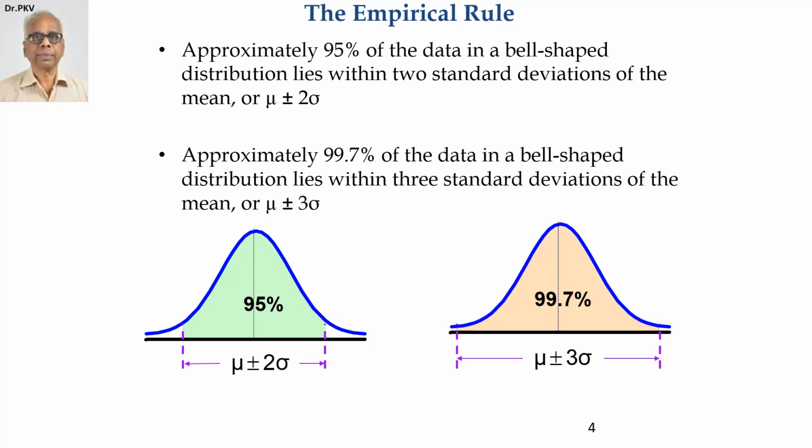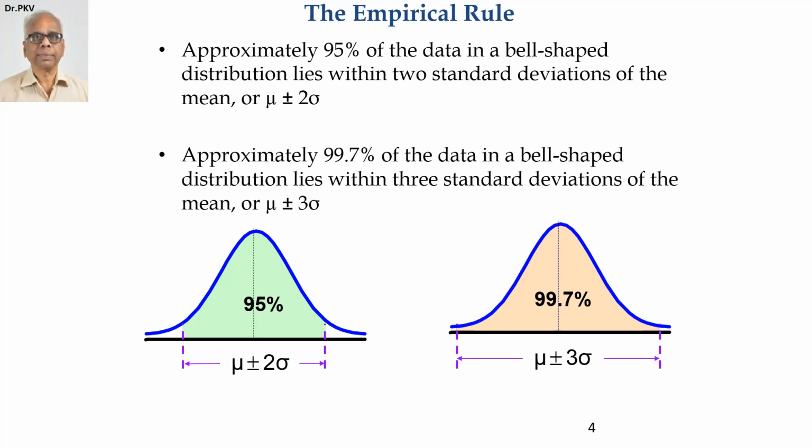And if you take 3 sigma departure from the mean, you will have approximately 99.7% of the data falling in that range. Supposing it is not a bell curve, what do we do? Only in the case of bell curve, it holds true.